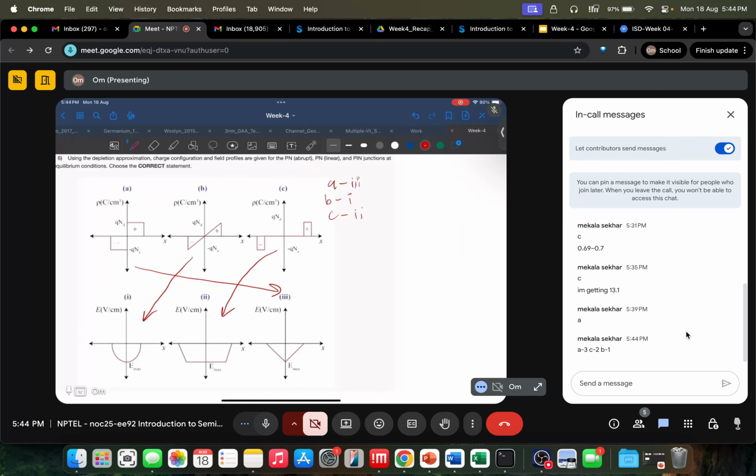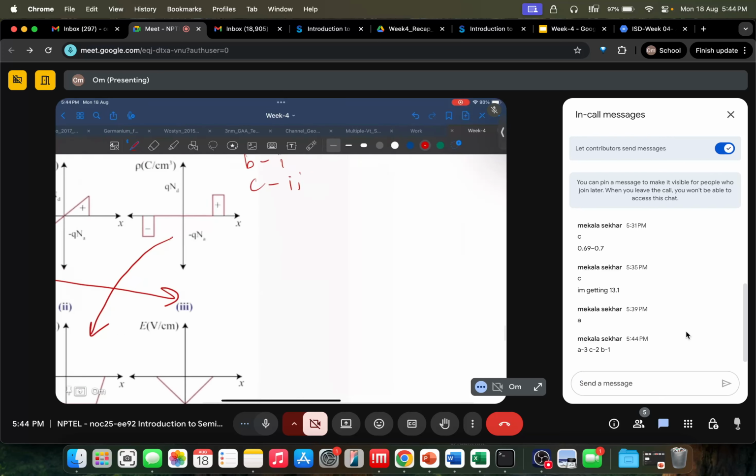So for this, you just need to remember one thing, that dE by dx is rho by epsilon.